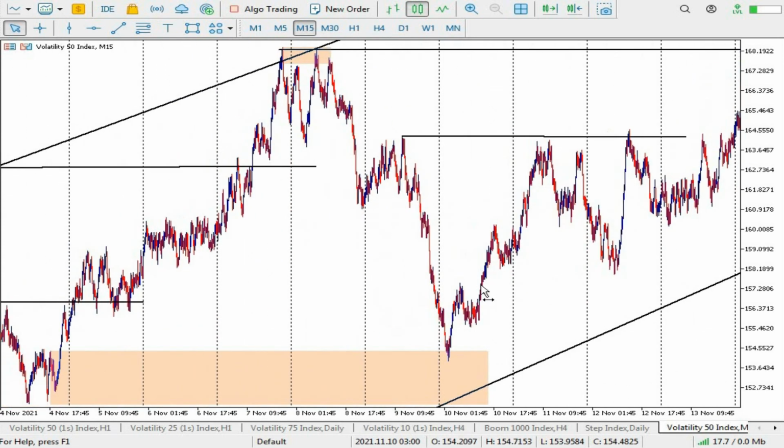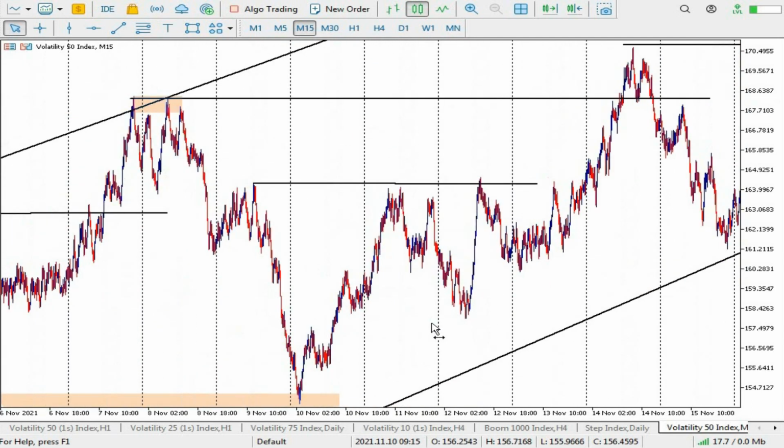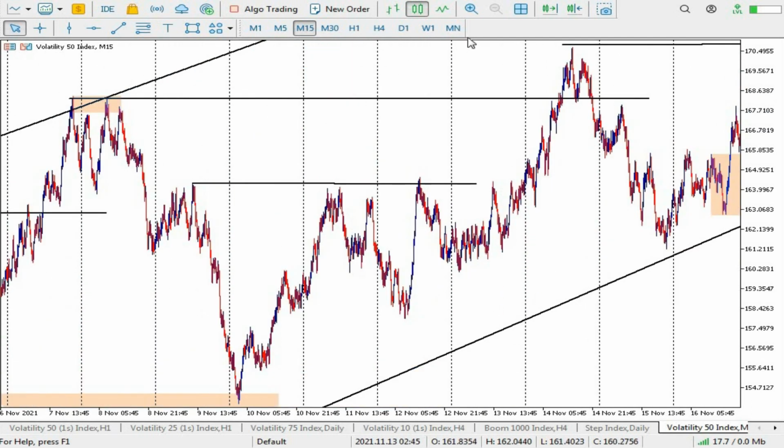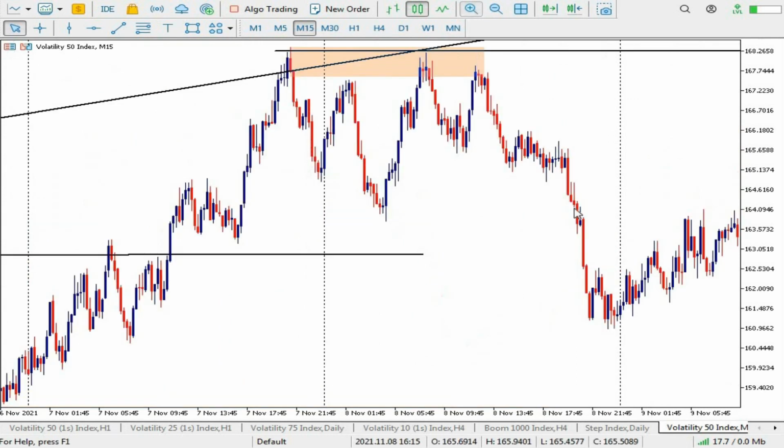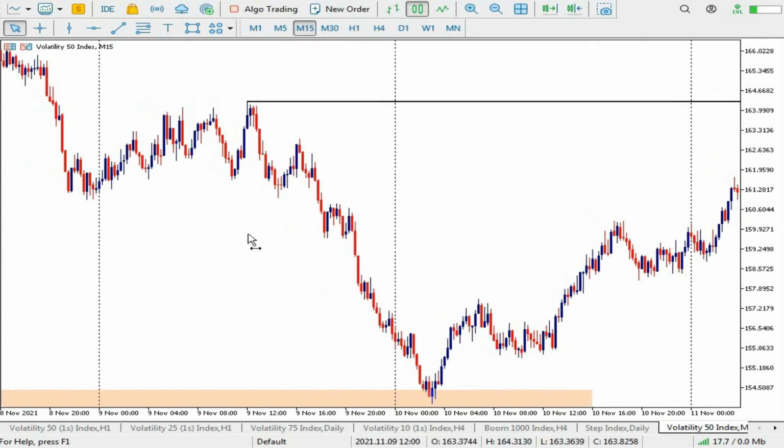How are we going to take this trade right here? Let me zoom in, guys. Sorry about that. As you can see, this is where the order block was at, and the price picked the orders and shifted.